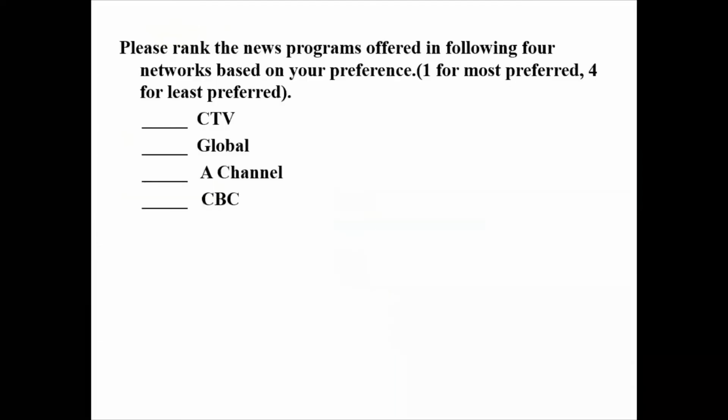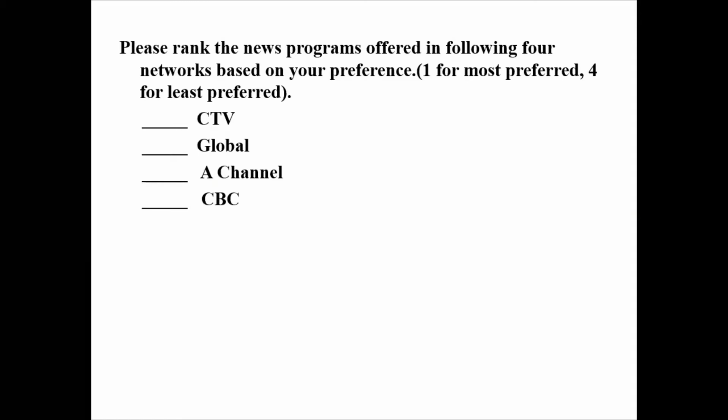See, one example is: please rank the news programs offered in the following 4 networks based on your preference. Means which news channel you prefer most. First means you most preferred, and 4 means you least preferred. So you can assign any rank.